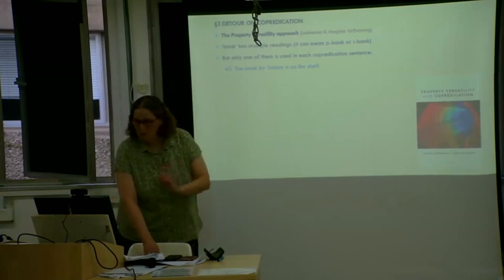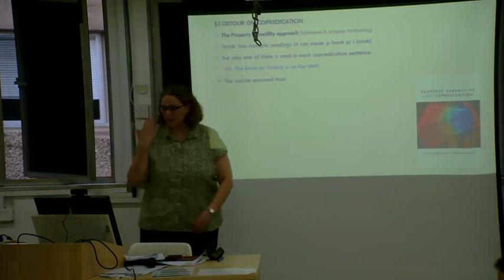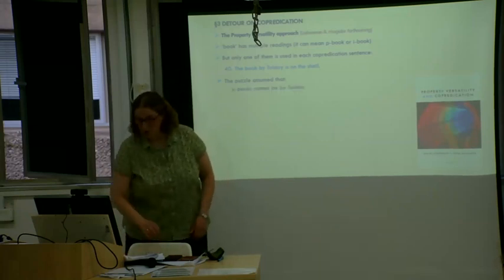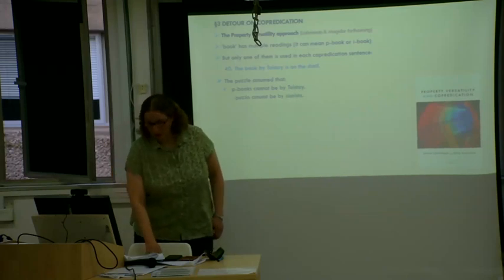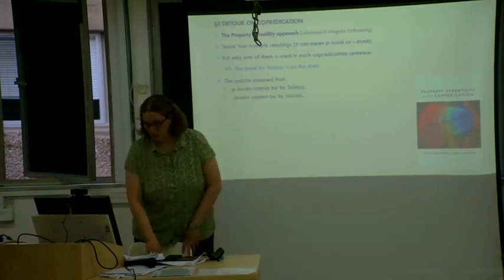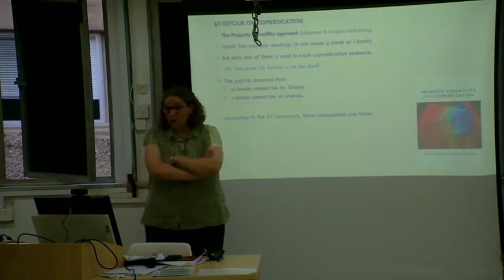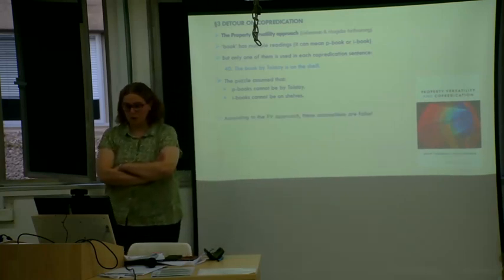Okay, so let's remember why this was puzzling. To see why it was puzzling, we assume two things. We assume that physical books cannot be by Tolstoy, and informational books can't be on shelves. Okay? What we argue, however, is that these assumptions are false.